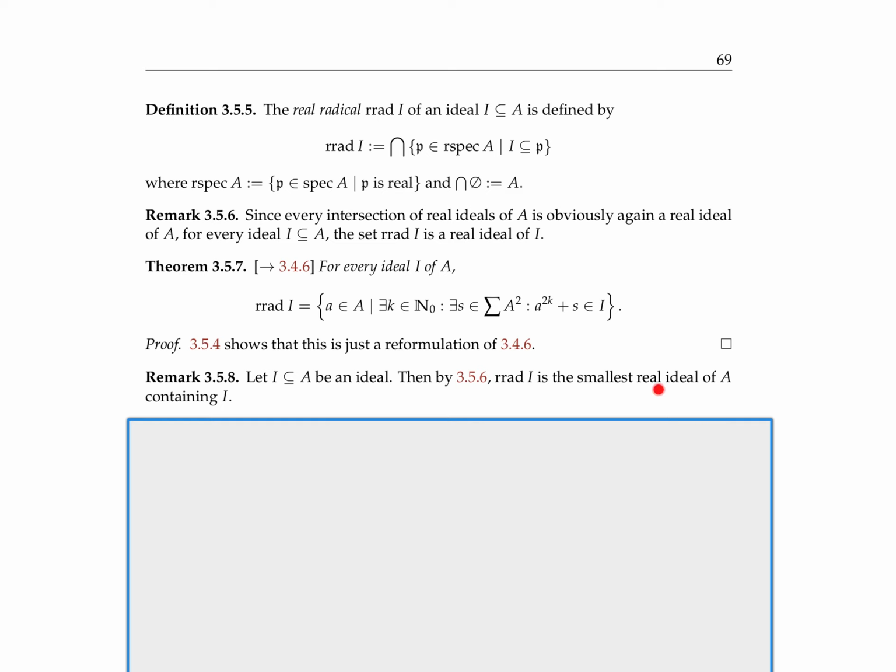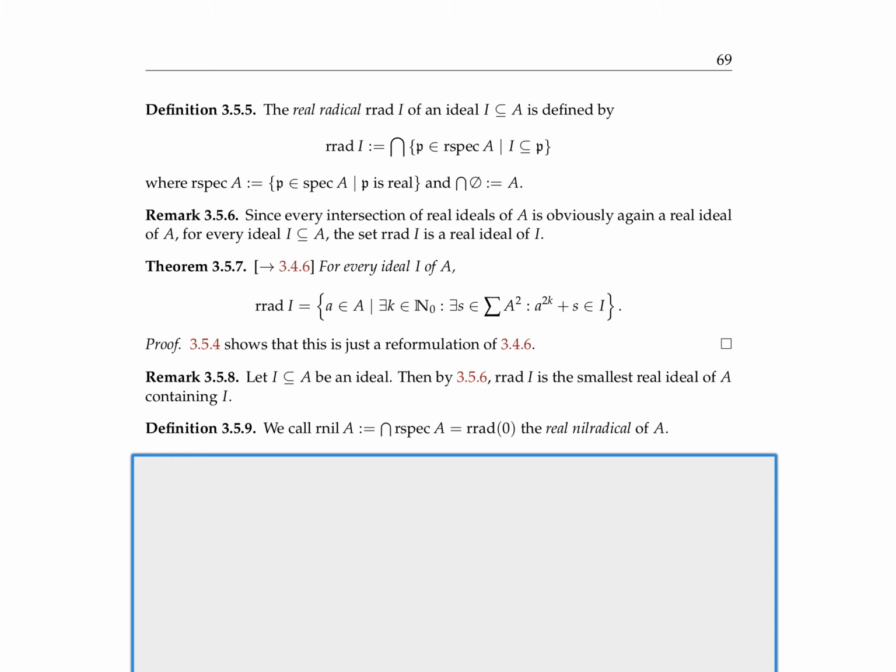Here it's the smallest real ideal, or real radical ideal, one could also say. Right? Because it's the intersection of all real ideals, and it's containing I and it's real.